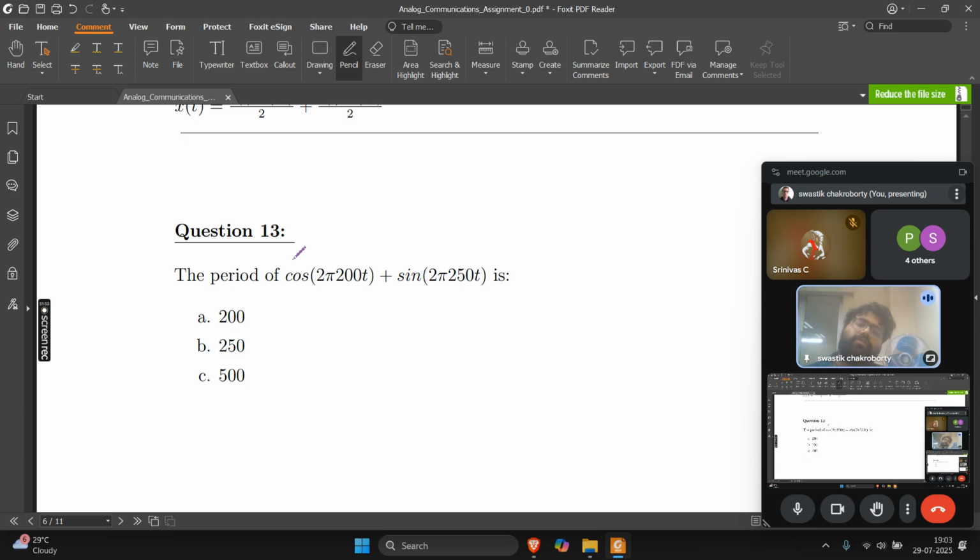Now the period of cos 2 pi 200t plus sine 2 pi 250t. Try this for 2 minutes.